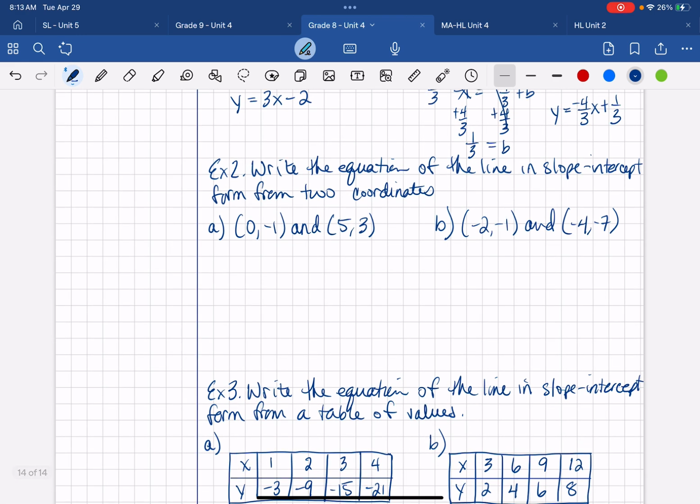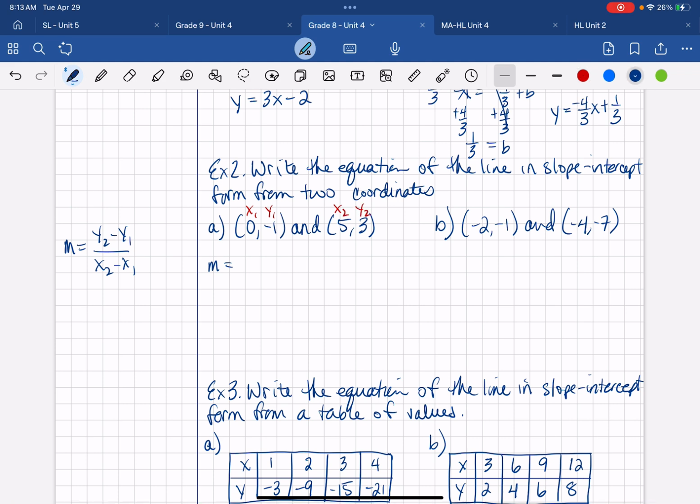Second example: write the equation of the line in slope-intercept form from 2 coordinates. So the first thing I'm going to do is figure out my gradient or my slope. So I say that the gradient is equal to, remember, y2 minus y1 over x2 minus x1. And I suggest you label your coordinates so that you don't get confused.